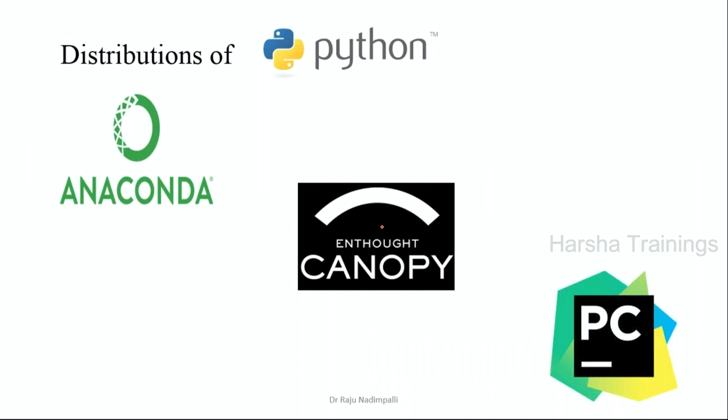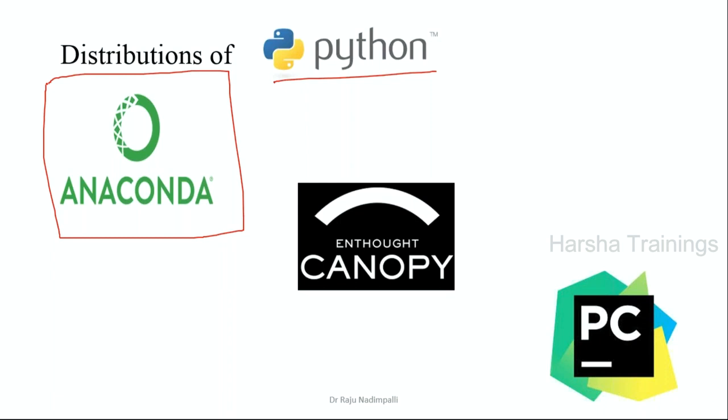Now you can ask one question: sir, if you want to execute Python programs, what coding environments do we have? The basic coding environment which I'm going to use for the next 40 days is Anaconda. If I install Anaconda on my machine, I will get so many IDEs. What is the meaning of IDE?